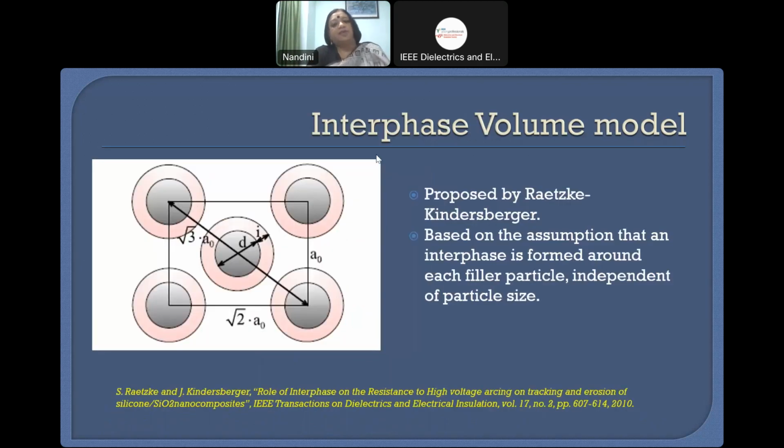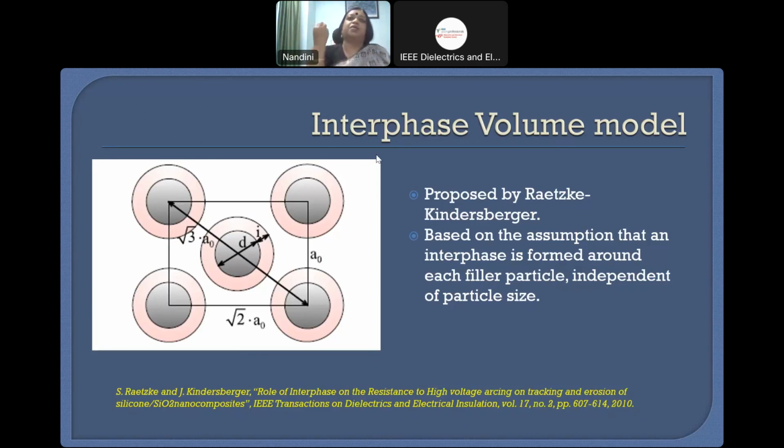Then we have the interface volume model, which was proposed by Raetzke-Kindersberger. The idea is that if you consider that each particle is a uniform sphere, and if you assume that around each sphere there is a region of uniform thickness, which constitutes the interfacial layer, then at a particular filler concentration, you would have maximum interface region.